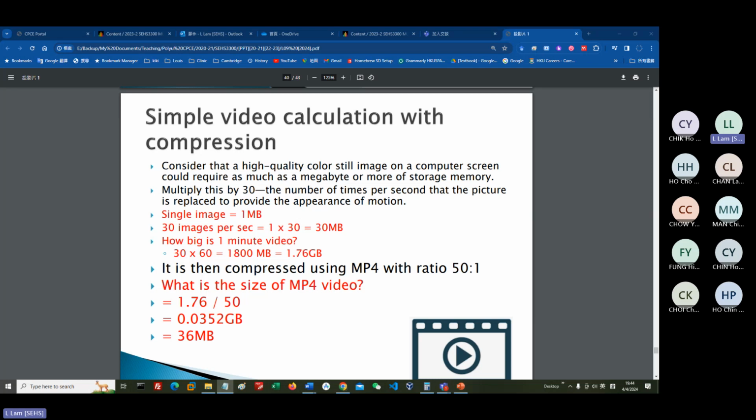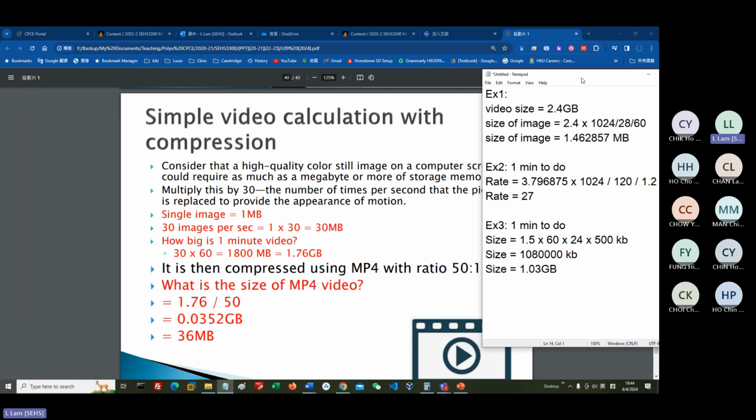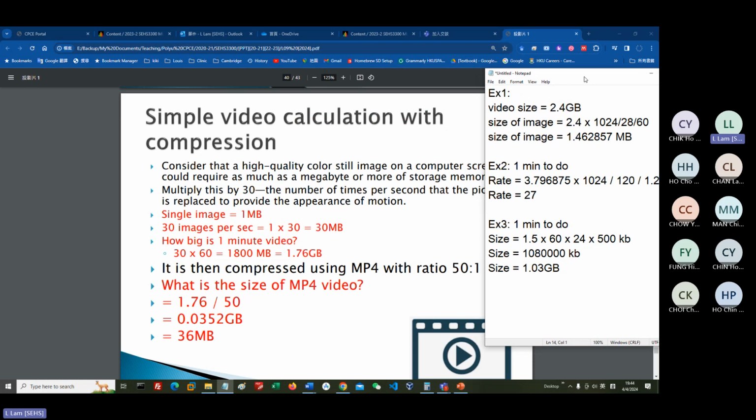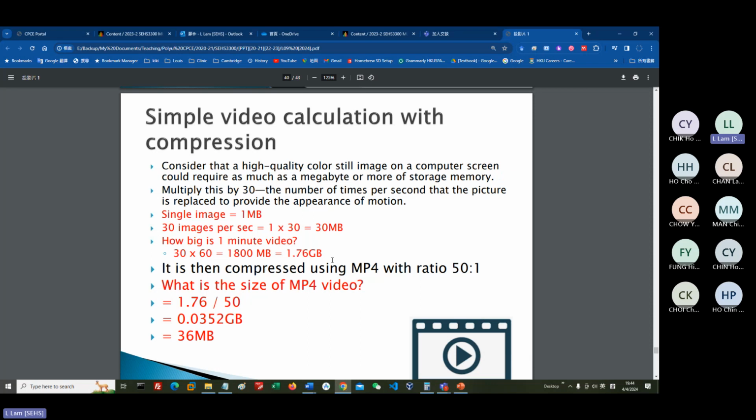Okay, so let's get back to our calculation. If you remember, we did the calculation previously. All the 3 questions there do not involve any compression, but when it comes to video compression technology, you also need to think about how the original video size can be compressed with the codec.